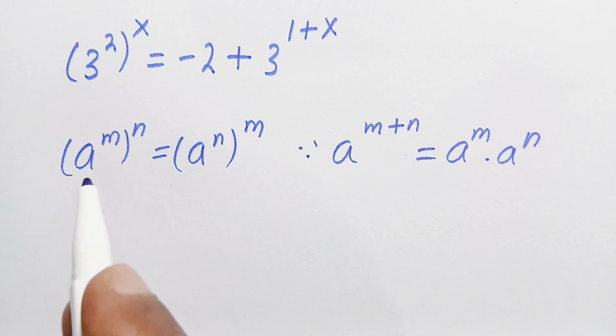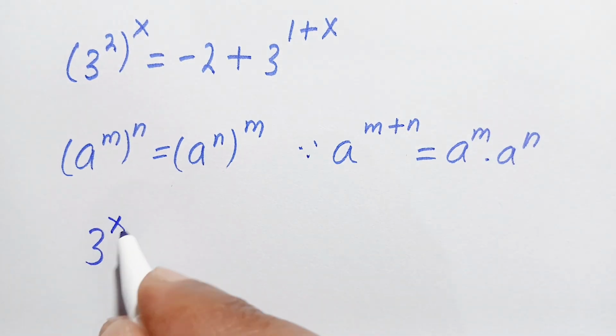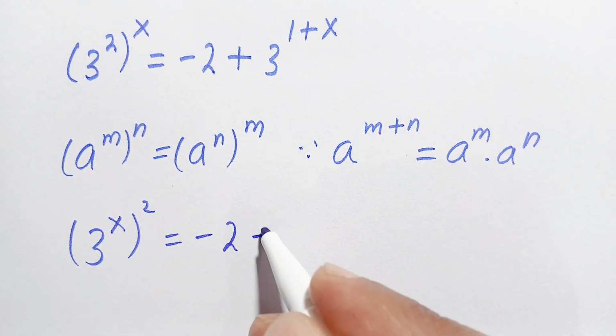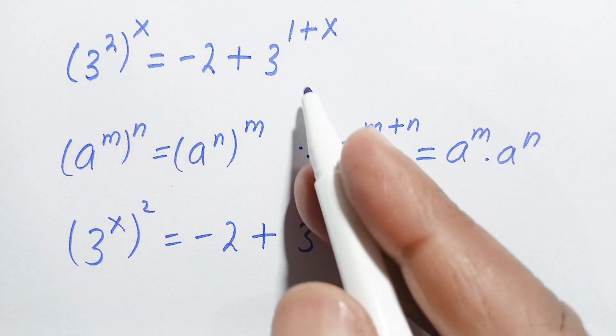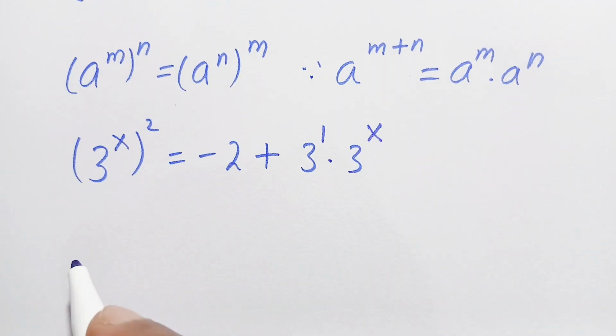Therefore we can write this as (3^x)^2 is equal to -2 plus 3^1 times 3^x.